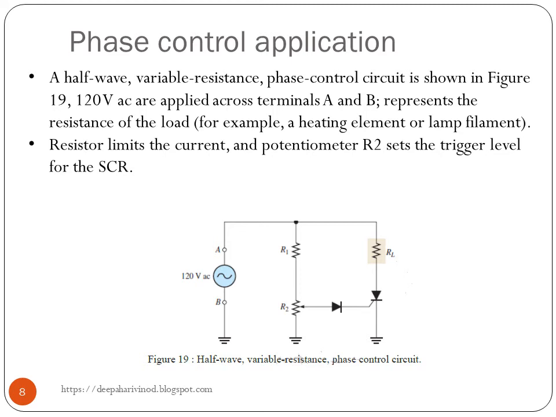Phase control means phase angle, that is, at what instant we are going to trigger. Only after that will we get the output across the load. Till the triggering point the SCR will be off, and that angle we call the phase angle.